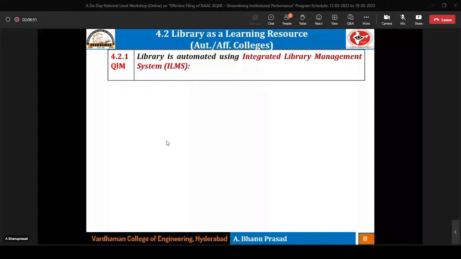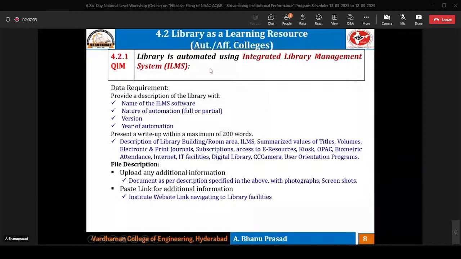They should be given more facilities other than the classroom, which we call the library. In the library, again, it is the digital world. Everything is being digitized in the new millennium. So it is expected to have every library with an automated ILMS, integrated library management system.